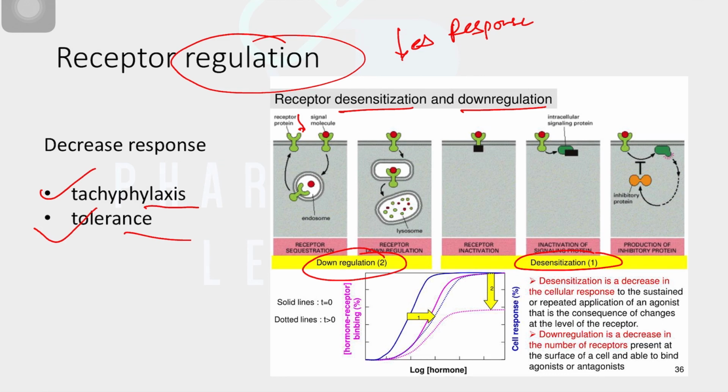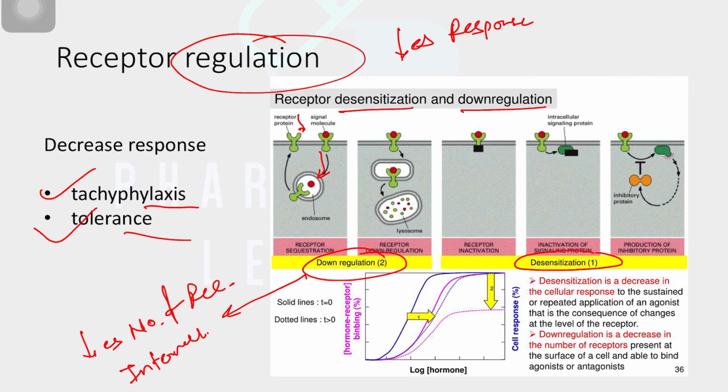So what do you understand by down regulation? Down regulation means a decrease in the number of receptors. So the receptor number decreases. What is the mechanism? How does this receptor number decrease? The receptor gets internalized, goes inside the cell.